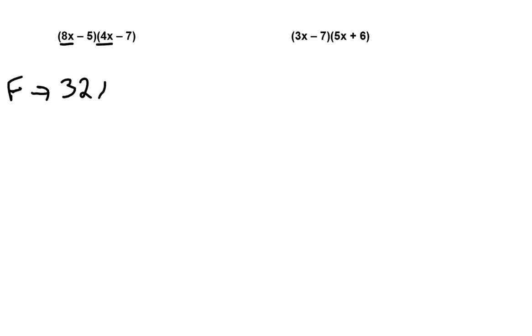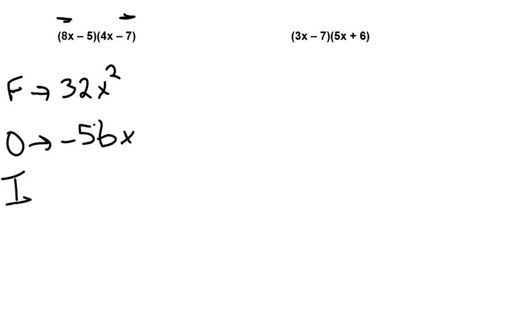X times x is x squared. My outers would be, again, 8x and negative 7. So I would have 8 times negative 7 is negative 56. And then I also have my x in there as well.